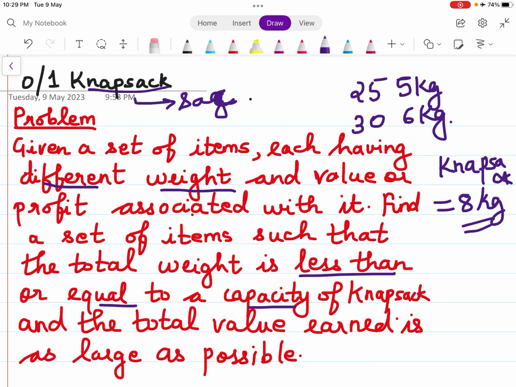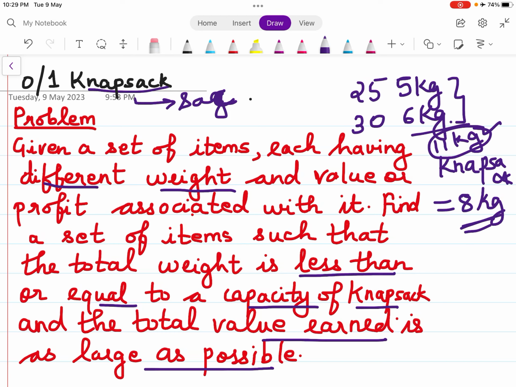Okay. So you have to find a set of items such that the total weight is less than or equal to the capacity of the knapsack and the total value earned, that is the total profit, is large enough. So if I am saying that 8 kgs only is the knapsack capacity, total is how much? 11 kgs. Out of this 11, you want only how much? 8 kgs. So 6 kg is giving more profit.